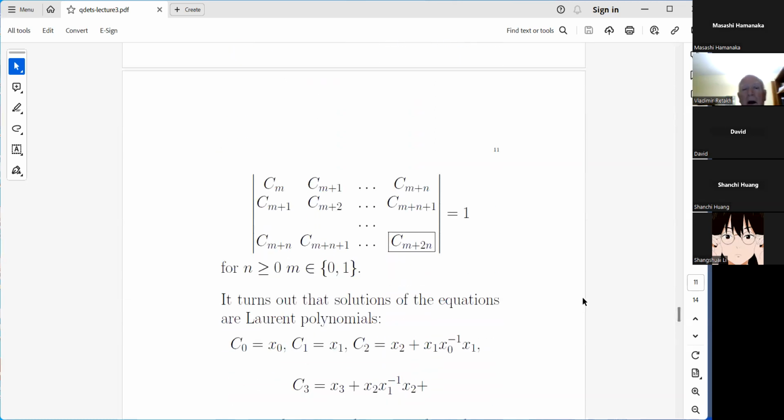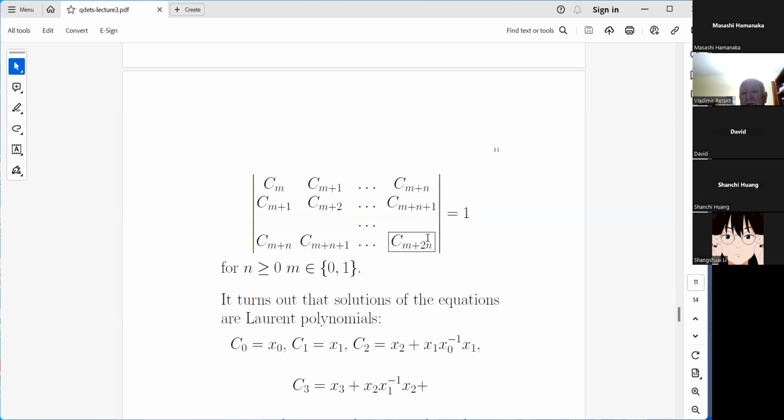I will use capital letters for my Catalan numbers, and here you have this quasi-determinant equals 1. I want to solve this for this sequence of quasi-determinants.